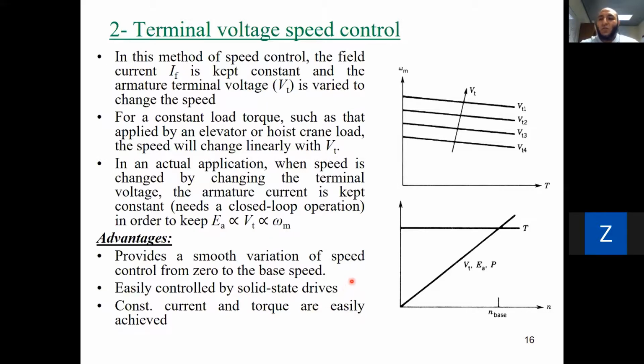It's very easy to control the armature voltage using solid state drives, and we will describe, inshallah, how we can control this. The last one is that constant current and torque are easily achieved. It's very easy to control the current to be constant with this type. We will describe, inshallah, the block diagram for constant current control of this method. So these are the three advantages of the voltage control.